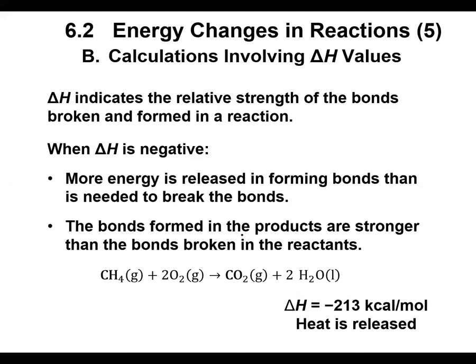So the delta H indicates the relative strengths of the bonds being broken and formed. As I mentioned, when the delta H value is negative, more energy is released in forming the bonds than in breaking the bonds. If we look at this chemical reaction, the bonds forming the products are stronger than the bonds broken in the reactants.